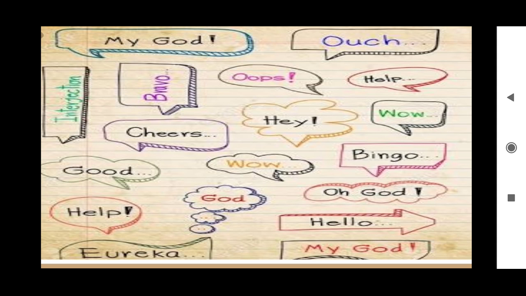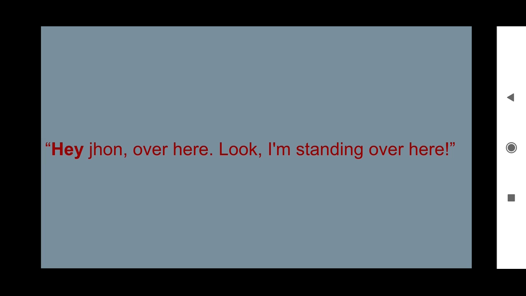For example, you can say my God, ouch, oops, bravo, wow, hey, bingo, hello, eureka. The interjection wow shows excitement, surprise, or amazement. The interjection hey is used when we meet someone or when we want to call out to someone.